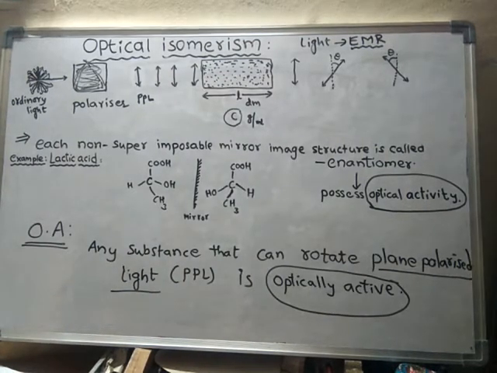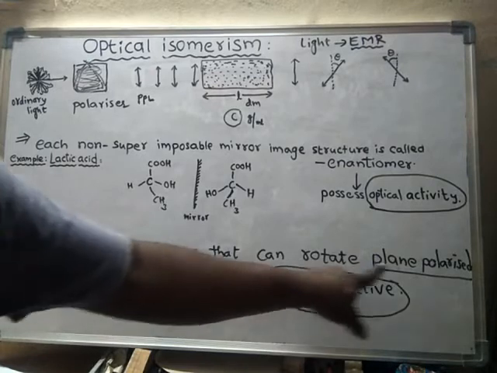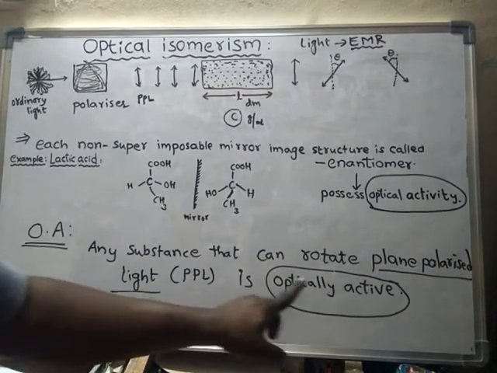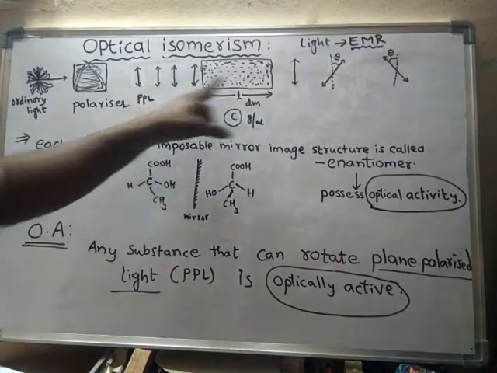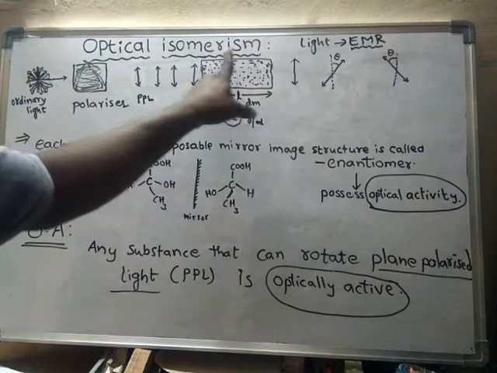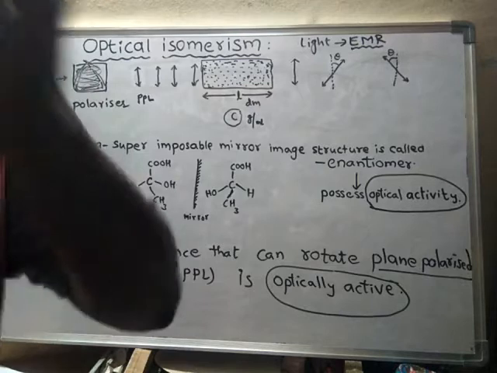That is the difference between optically active and optically inactive. Any substance that can rotate plane polarized light is said to be optically active.